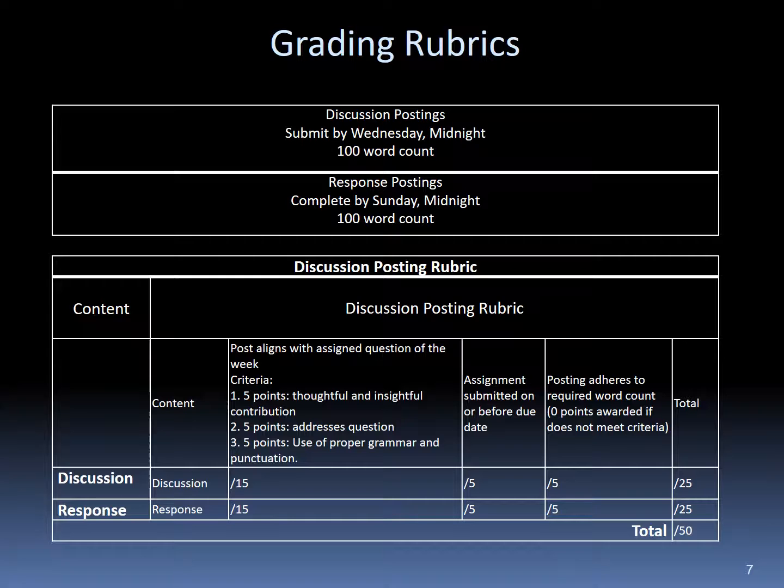Postings are graded on their thoughtful and insightful contribution to the discussion board. Each discussion and response posting is worth 50 points for a total of 200. The discussion postings are due Wednesday at midnight, and the follow-up response postings are due by Sunday midnight. The posts will be assessed on content, timeliness of posting, and word count.